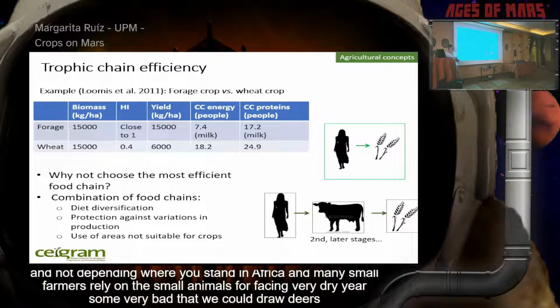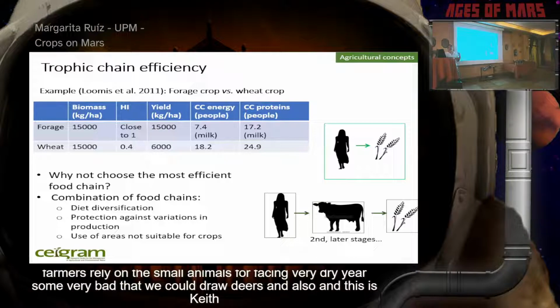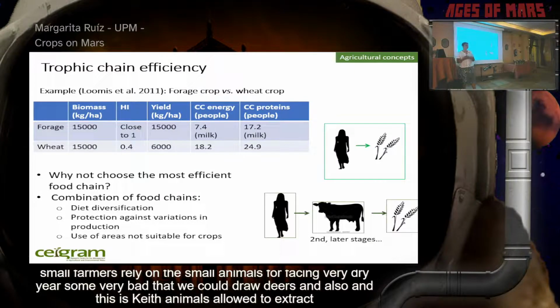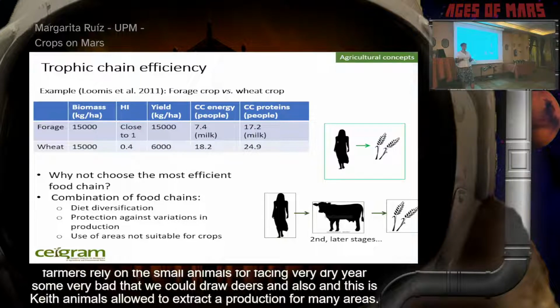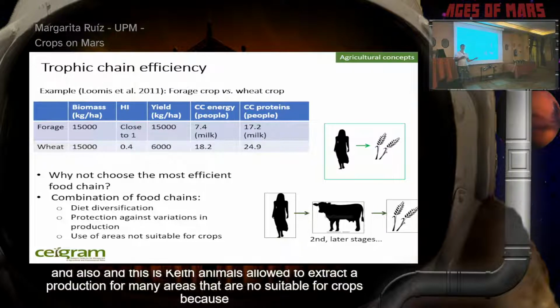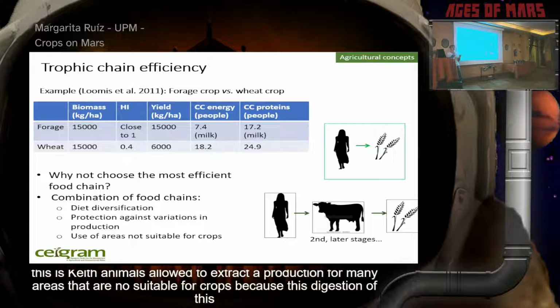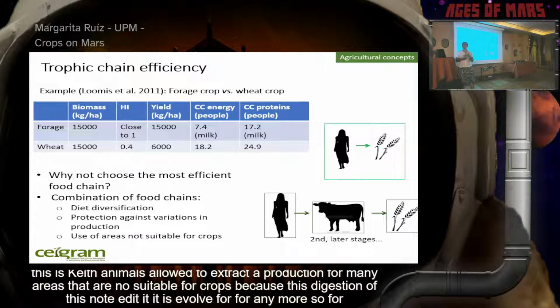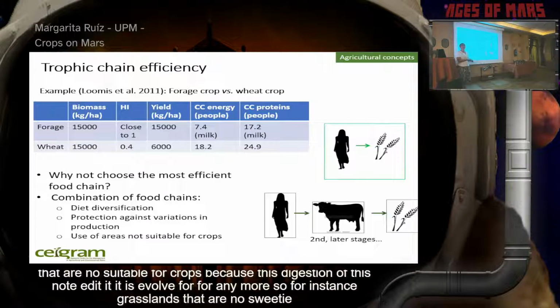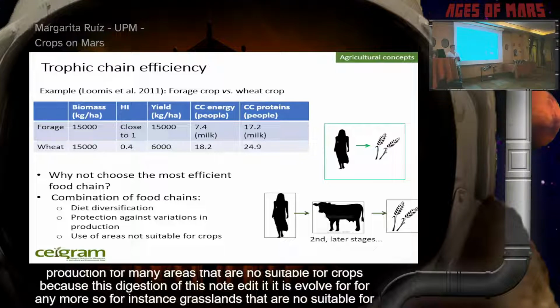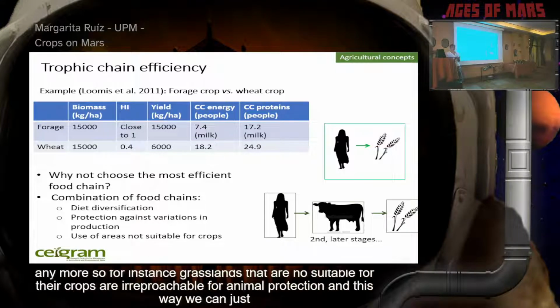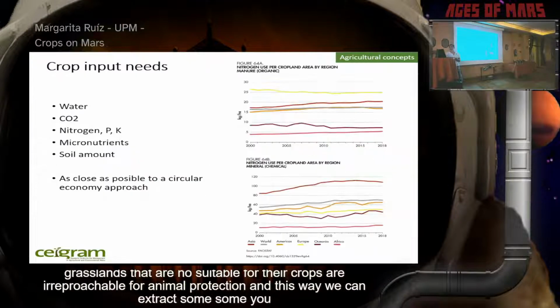And also, and this is key, animals allow us to extract agricultural production from many areas that are not suitable for crops, through the digestion of mass that is not directly edible. So, for instance, grasslands that are not suitable for cultivating other crops are possible for animal production, and this way we can extract some yield.